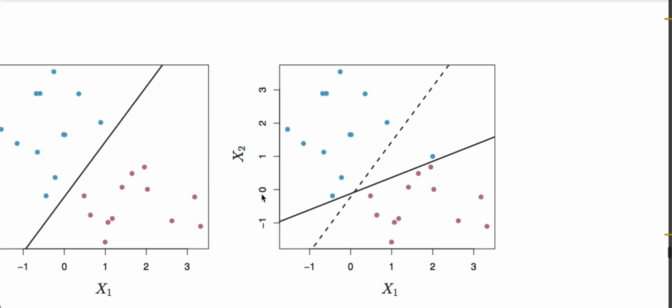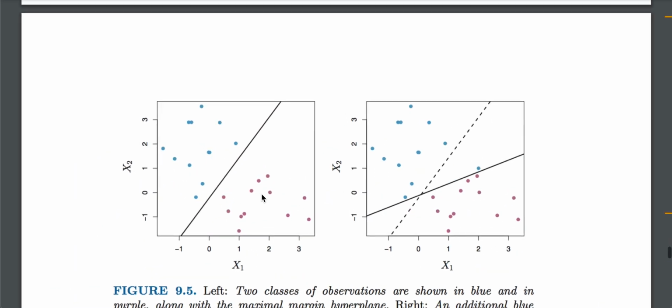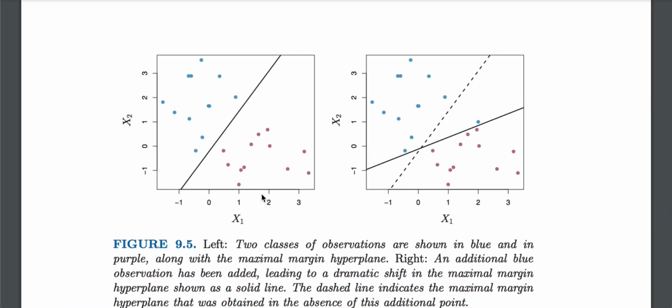This is what I meant by robustness, sensitivity to single observations. We don't like methods that are sensitive to single observations because observations are noisy. We have many observations and we want all of them to be important, and together important. We don't want one observation to significantly impact the statistical learning method.